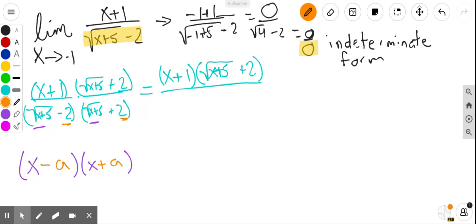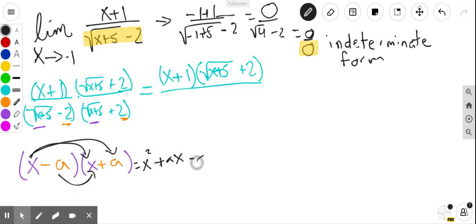So at this point, if I was going to multiply this out, the x multiplies the x, so we get that x squared. And the x would multiply a positive a, so we get a plus ax. Then we have the negative a multiplying the x, so it'd be a minus ax. Then we have a negative a multiplying a positive a, so we get minus a squared.